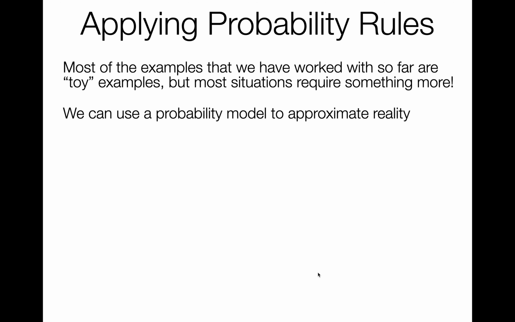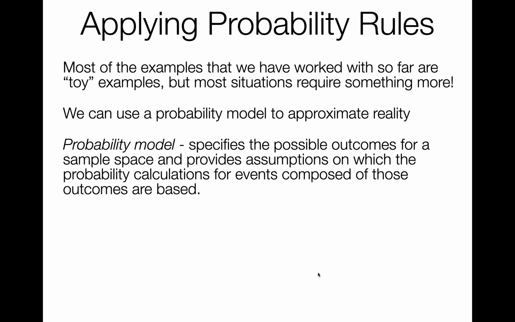And so what we can use is a probability model to approximate reality, which means that we can assign different probabilities to different events based on the knowledge that we have of what's going on in reality. So, more formally, a probability model specifies the possible outcomes for a sample space and provides assumptions on which those probability calculations for events composed of those outcomes are based.